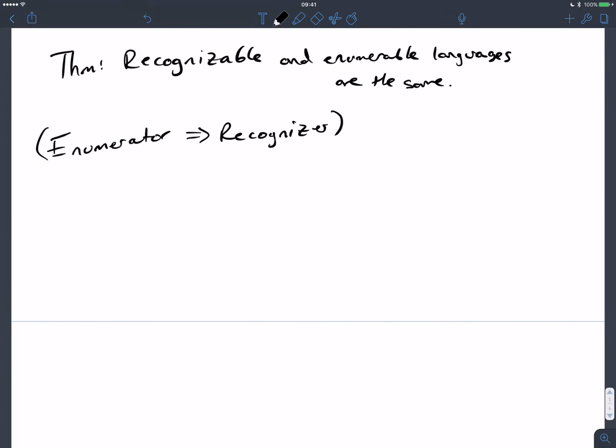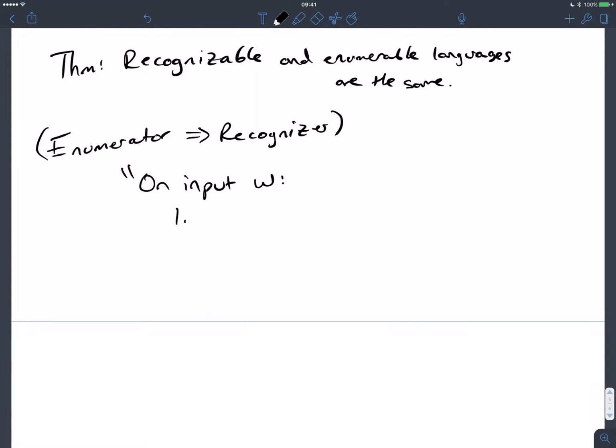So the syntax for this is, with open quotes, on input W. So that's telling me, I'm building a recognizer here. If I'm given the input W, now I want to say accept or maybe reject based on what the steps are going to do next. And our goal here is to have the same language as what the enumerator did.